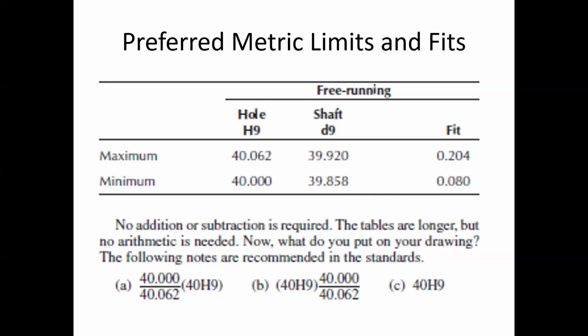What if you get a 39 H9? The table doesn't have 39 in there. The next one maybe is 30, up to and including 30. What do you do? You just track the fit.